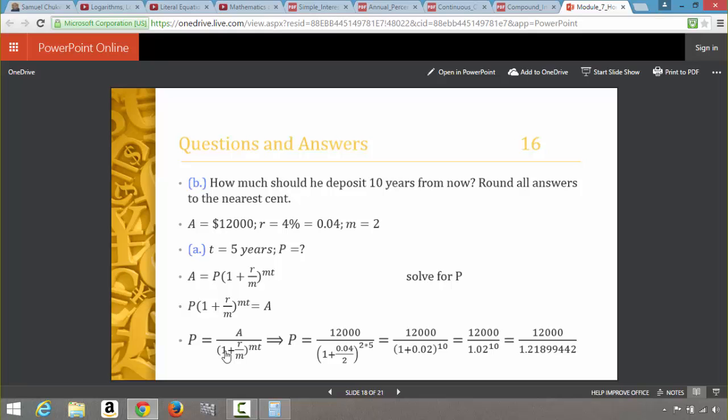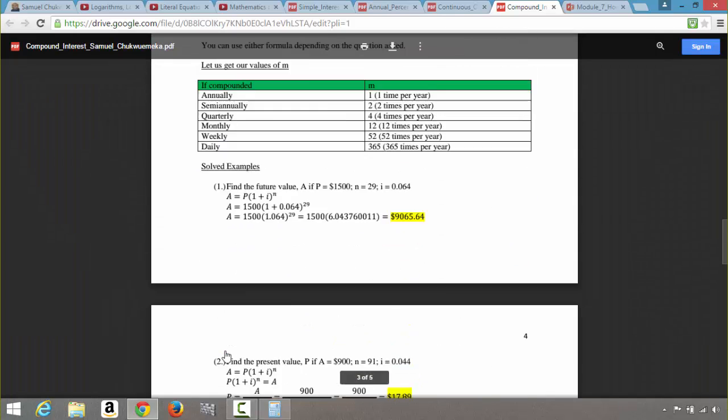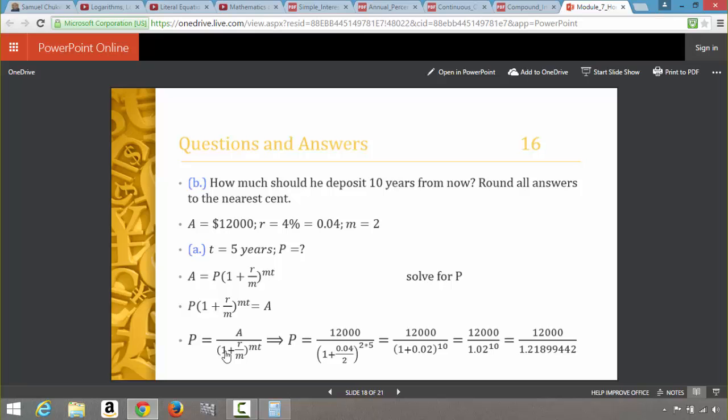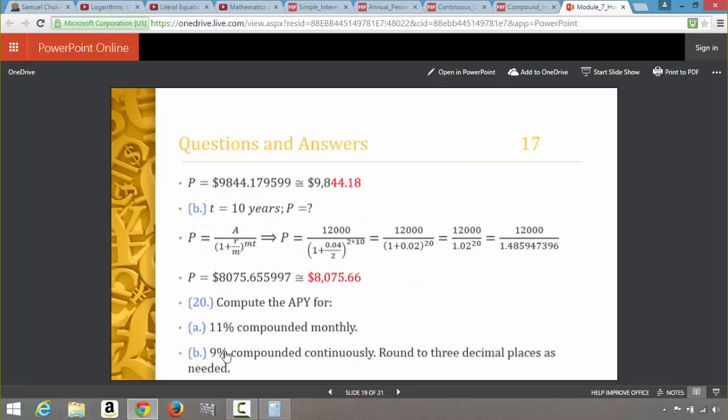And of course, semi-annually means that M is 2. Then you solve for P for the question A. You get that. And then 10 years from now, you solve for P again for 10 years. You get that.